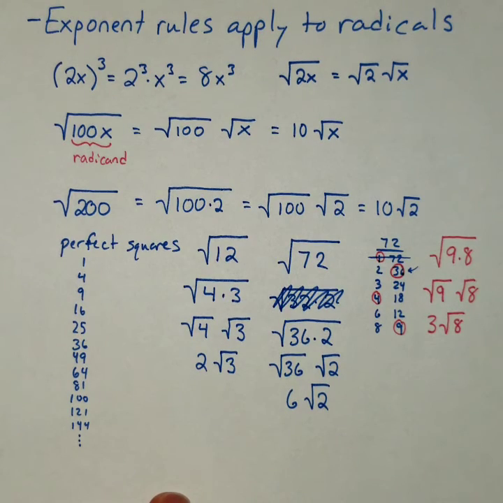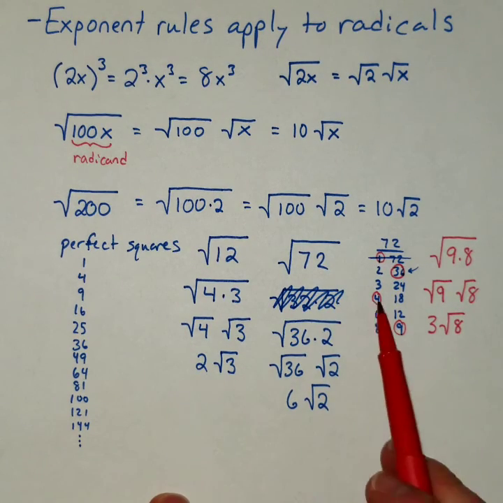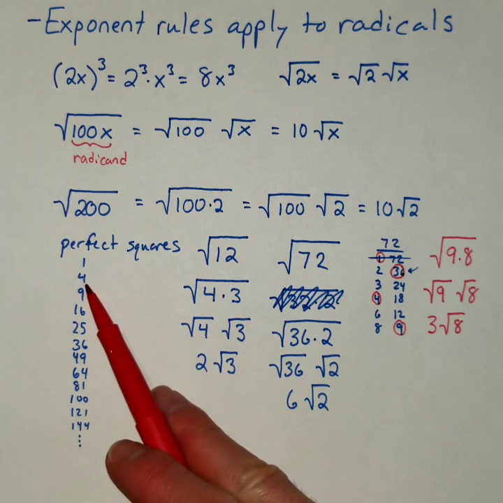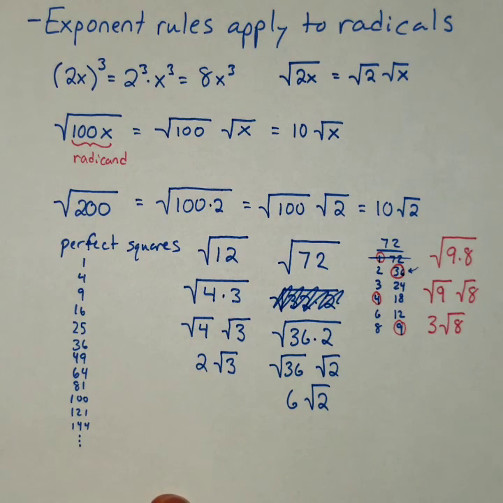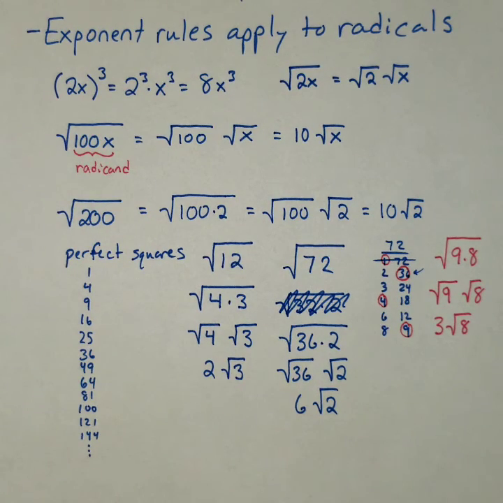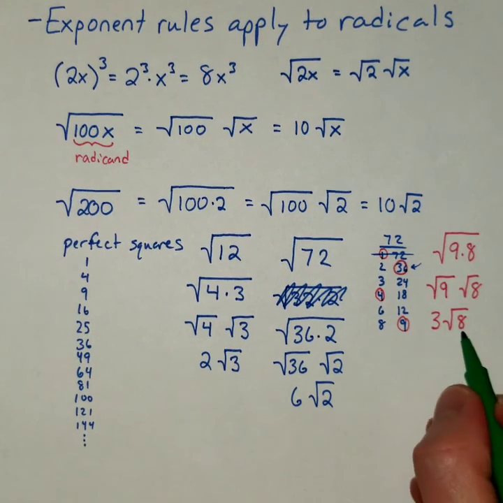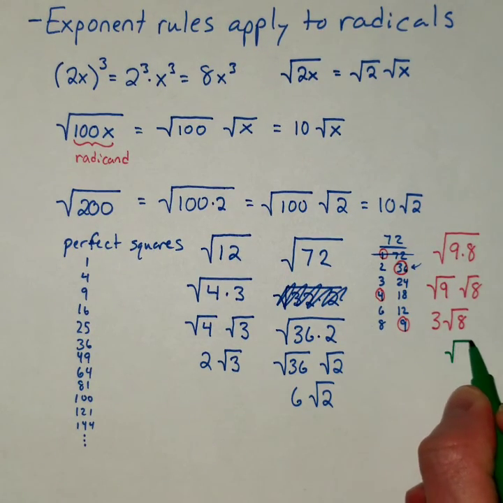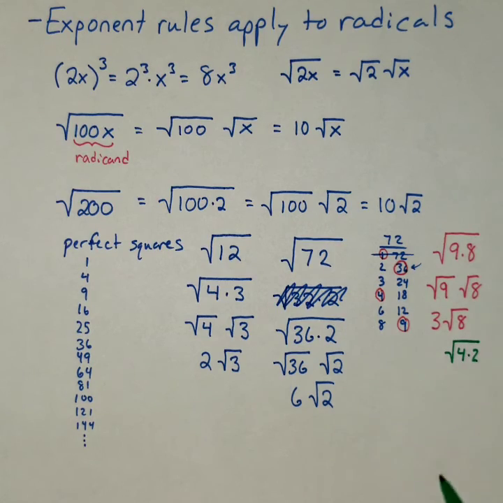And that's because it also has a perfect square factor in it, namely 4. So if I wanted to split up that square root of 8, the square root of 8 itself is square root of 4 times 2, and then that square root of 4 is 2.